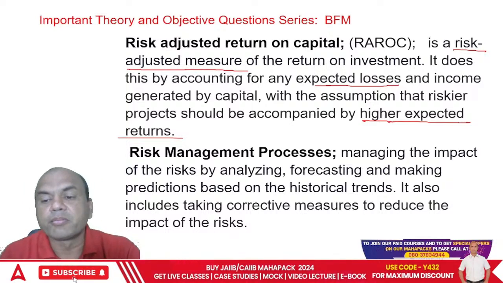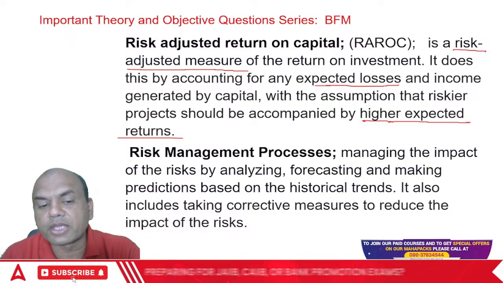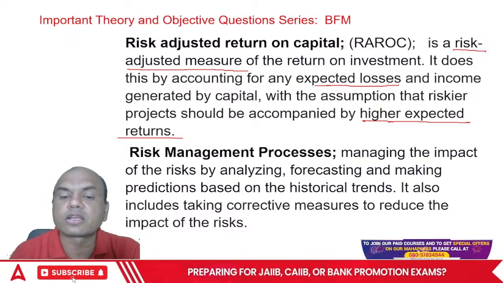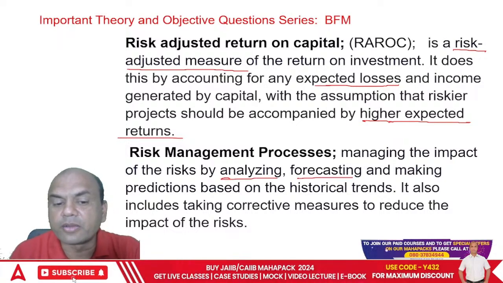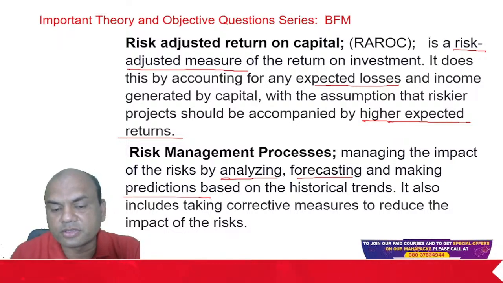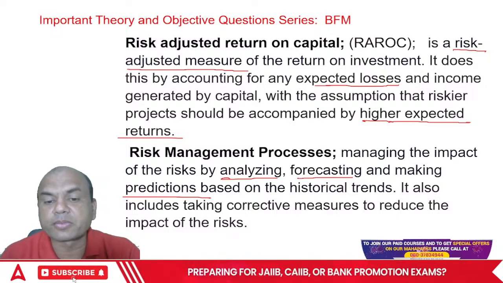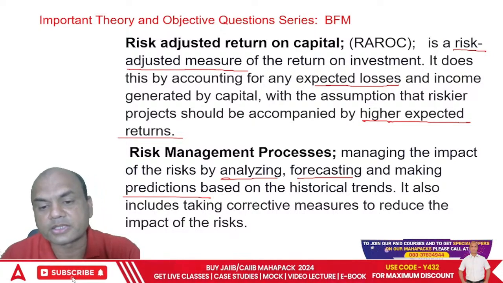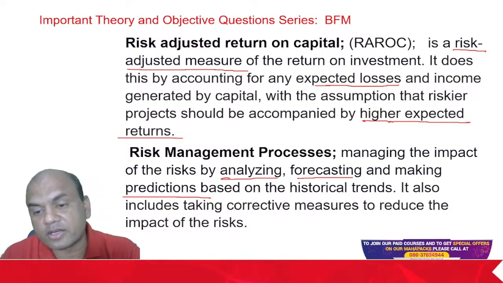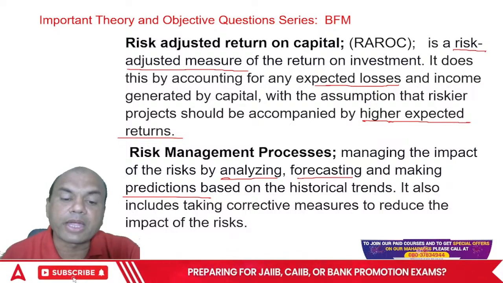Analyzing, forecasting, and making the predictions. So all three steps are involved in the risk management process. First is analyzing, second is forecasting, third is making the predictions based on the historical trends. It also includes corrective measures to reduce the impact of the risk.